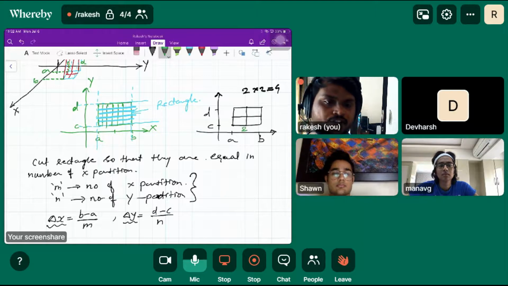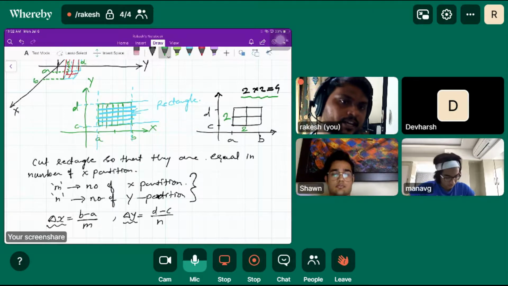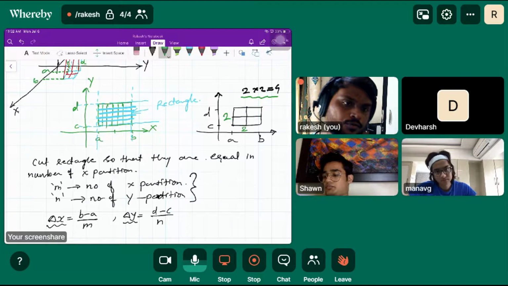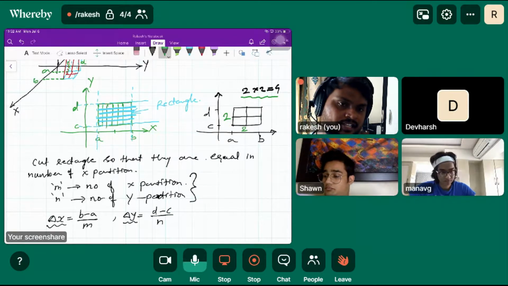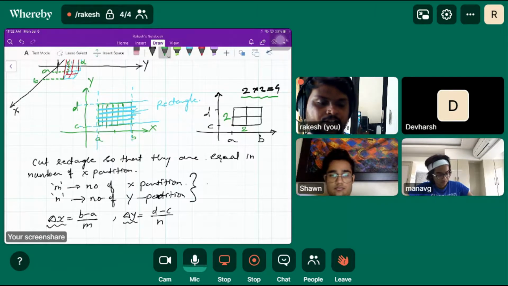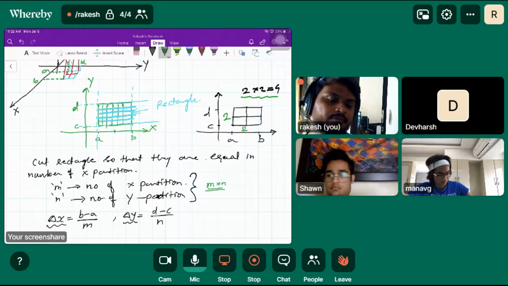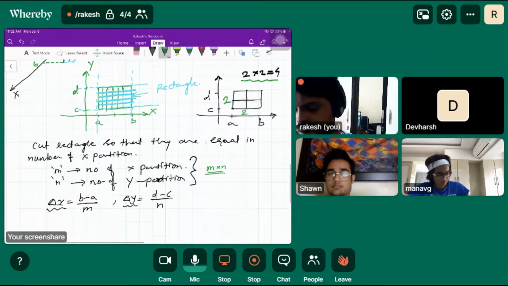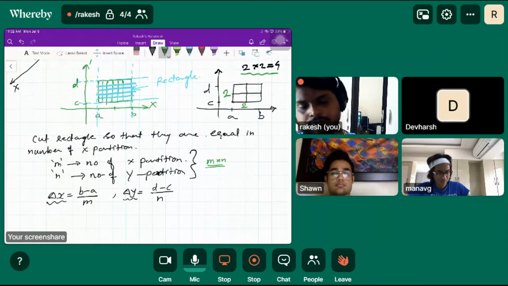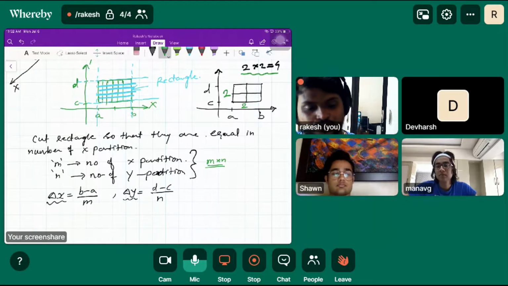We are doing two partitions along the x direction, two partitions along the y direction. So how many rectangles? Four, 2 into 2. Similarly, m partitions along the x direction, n partitions along the y direction. How many rectangles are we getting? mn, right? Dev, are you there? Yes, I'm there. So we'll get mn rectangles.